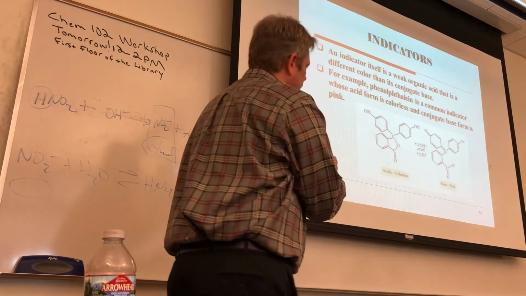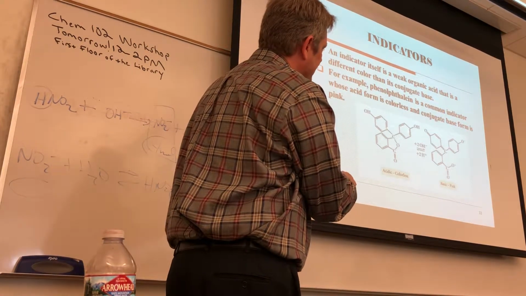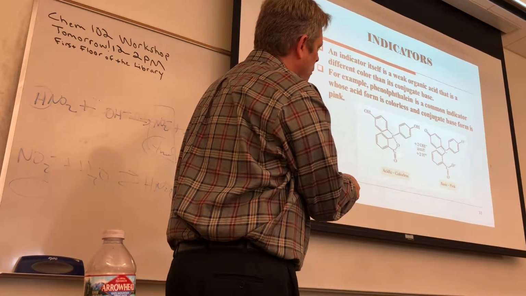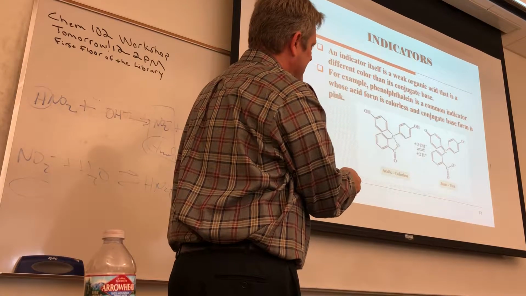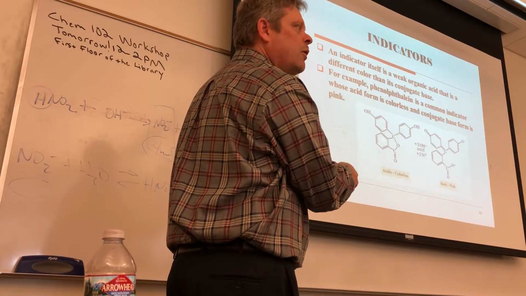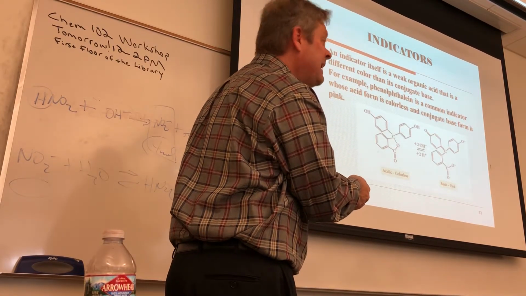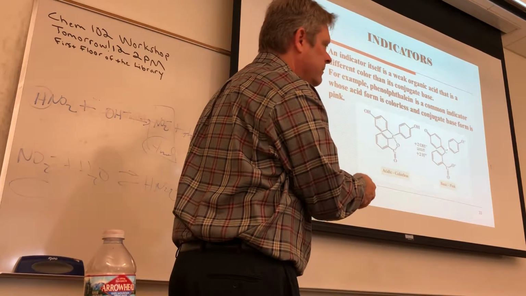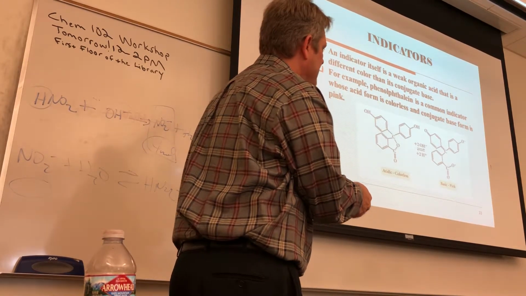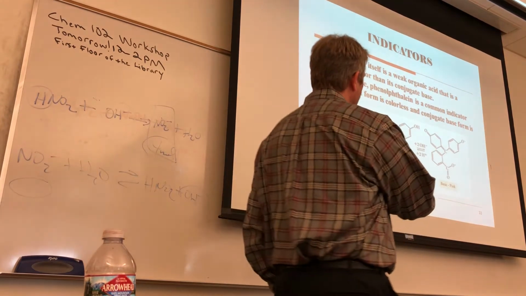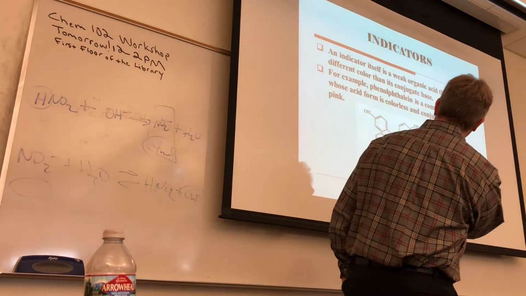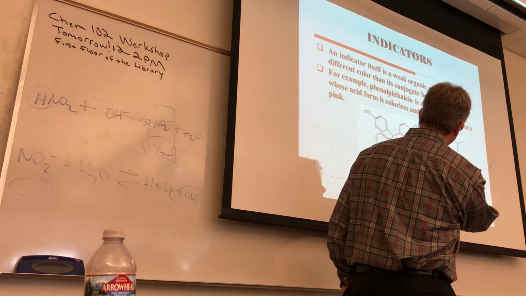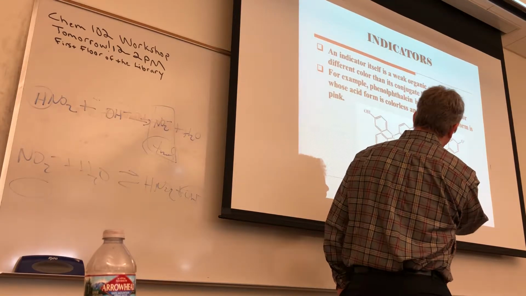This is the phenolphthalein molecule. When it's in the acid, it has this conformation. When it's in the base and it looks pink, it has this conformation. What happened? The H left, this rearranged, and that caused this to open up and rearrange.